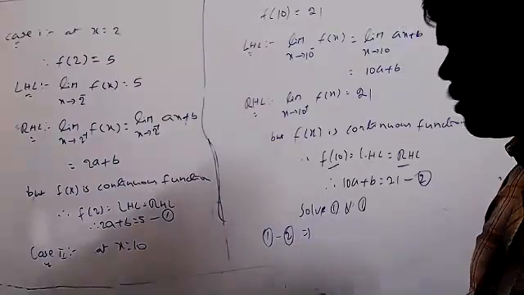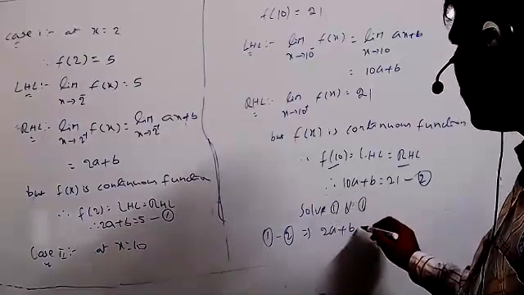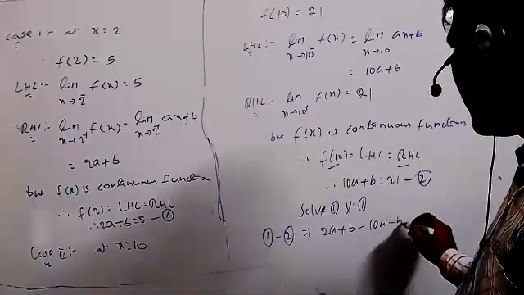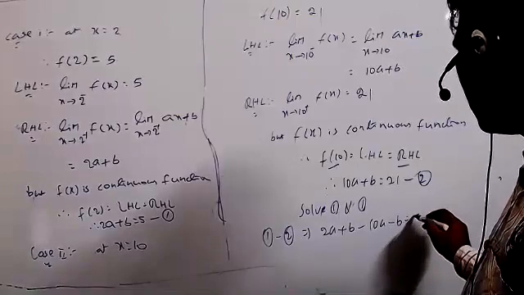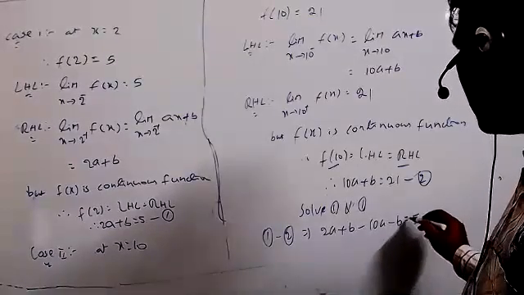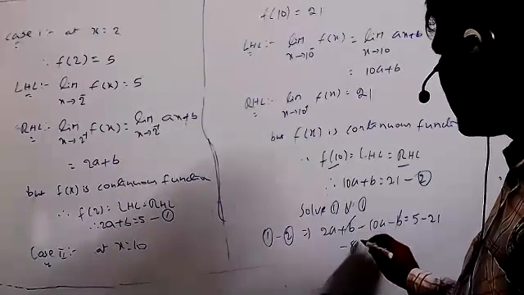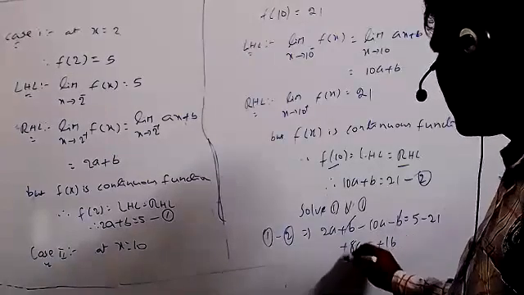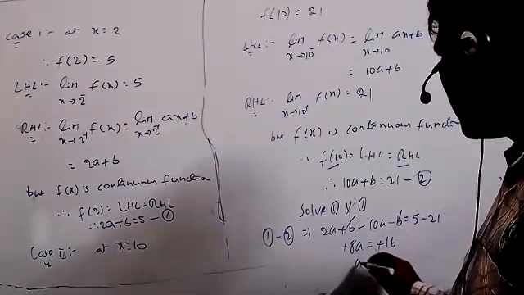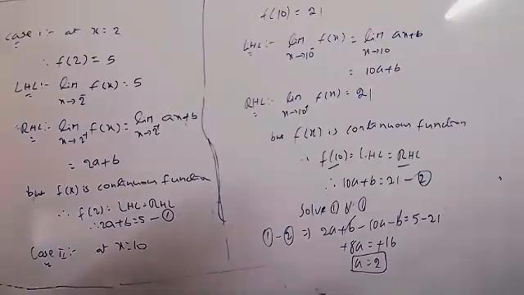So 2a plus b minus 10a minus b equal to 5 minus 21. Here minus b plus b will be cancelled, and this value equals minus 8a equal to minus 16. Minus minus will be cancelled. So the value of a equal to 2.